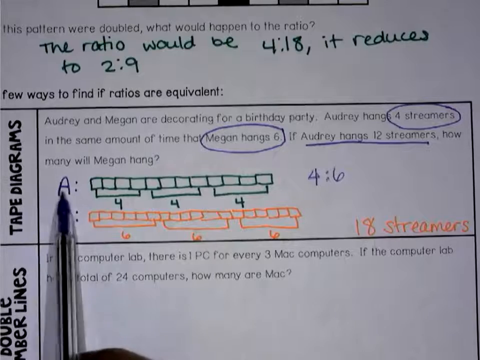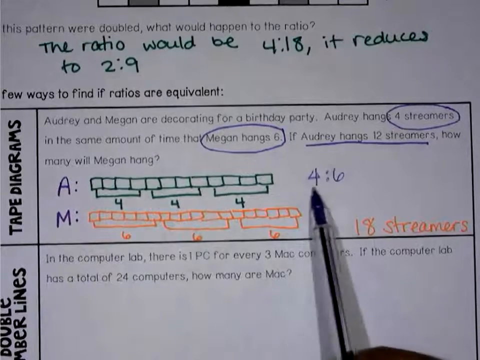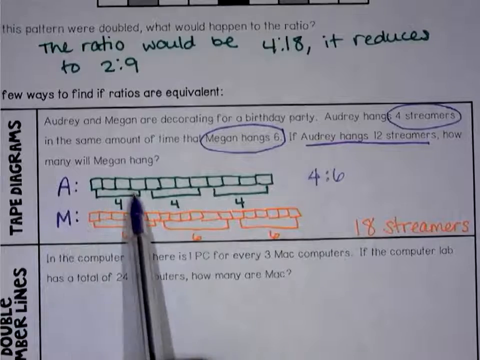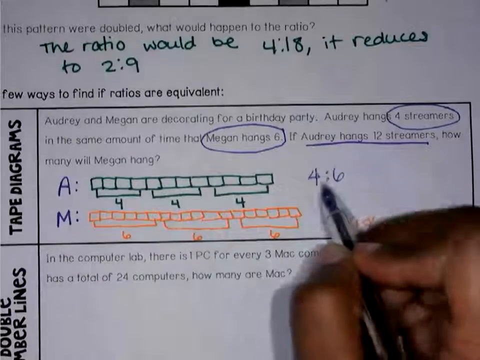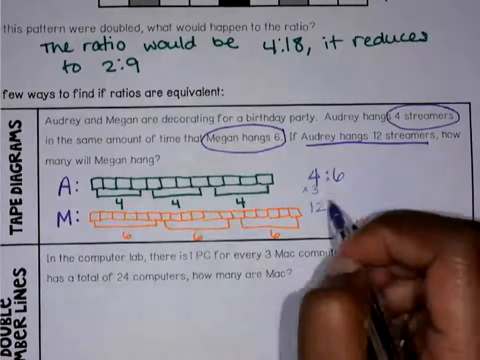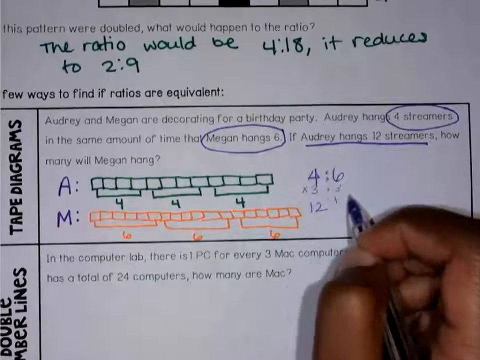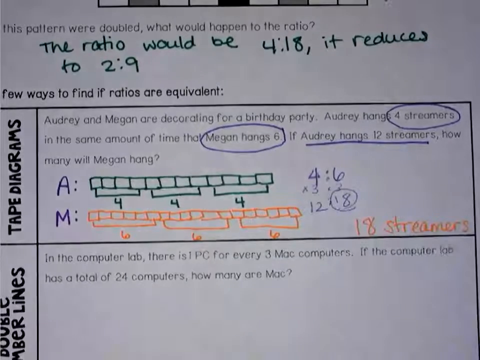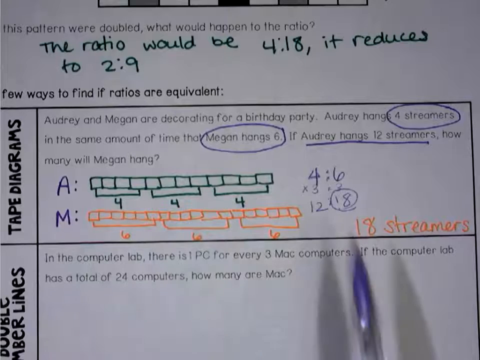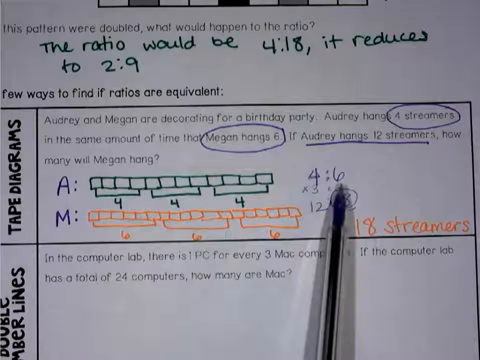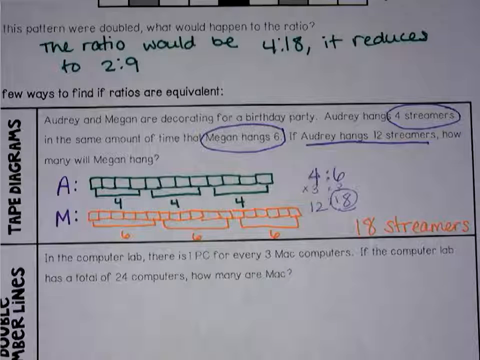If you think about how we got 18, how many times did Audrey hang? She hung it 3 times. If you multiply 4 times 3, she had a total of 12. If you do 6 times 3, she had a total of 18. And 18 was our answer. You see how that worked? She hung up 4 streamers 3 different times. She hung up 6 streamers 3 different times. And that's how the ratio would look.